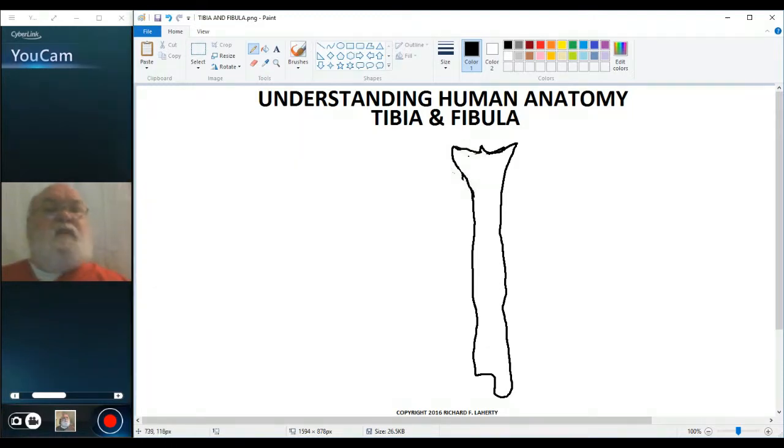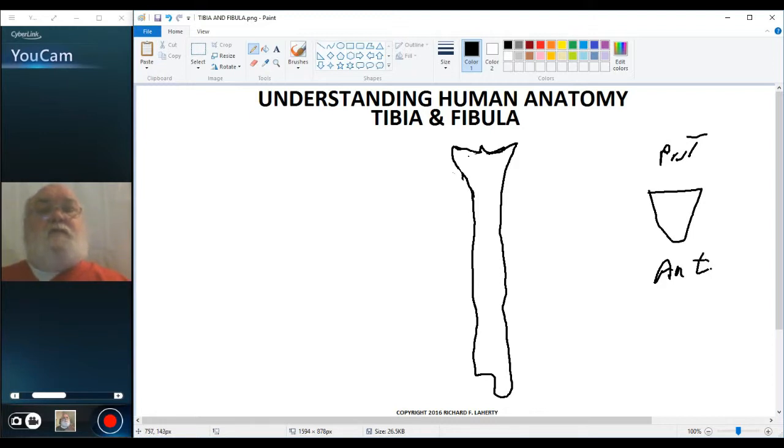Now, if you look at a section through the shaft of the tibia, it will appear triangular. So this is posterior, this is anterior, and on the anterior surface we have kind of a point.